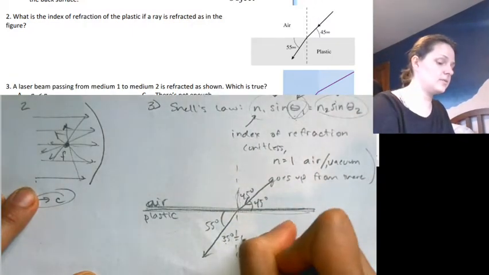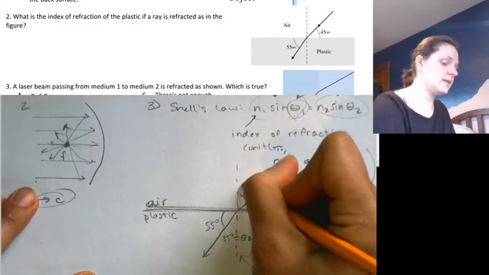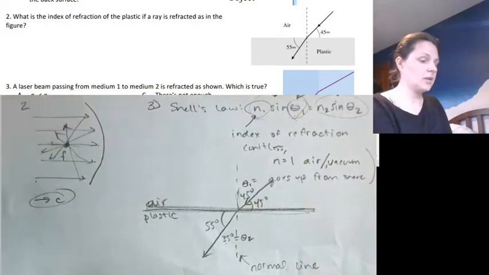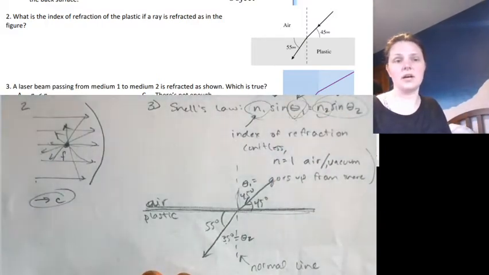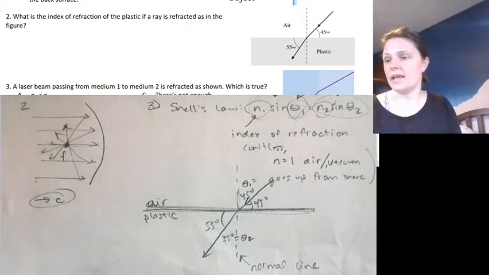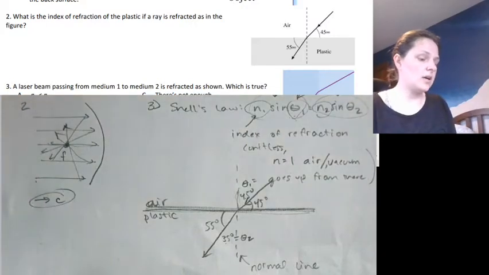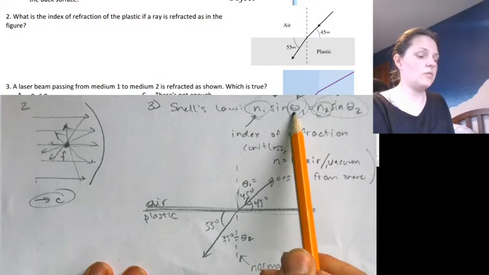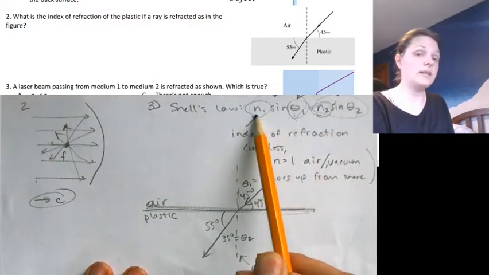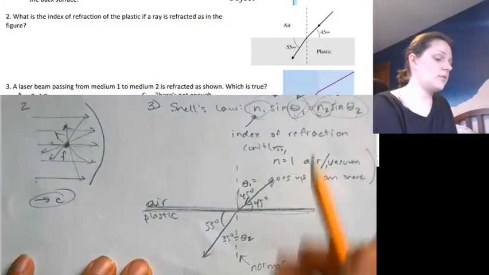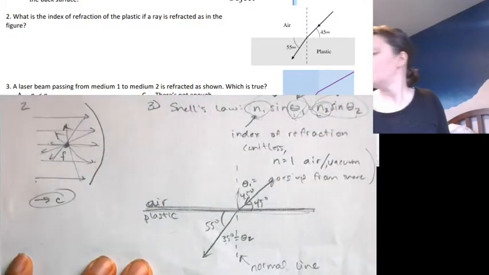So that's theta 2, and this is theta 1. We are looking for the index of refraction N2. We know theta 1, we know theta 2, we know N1 is just 1, and we're solving for N2. So I will use this formula here.